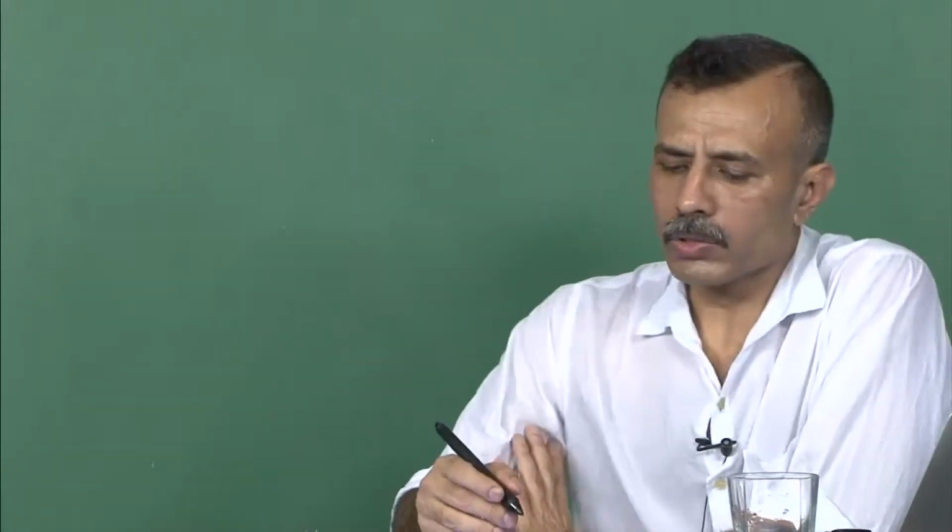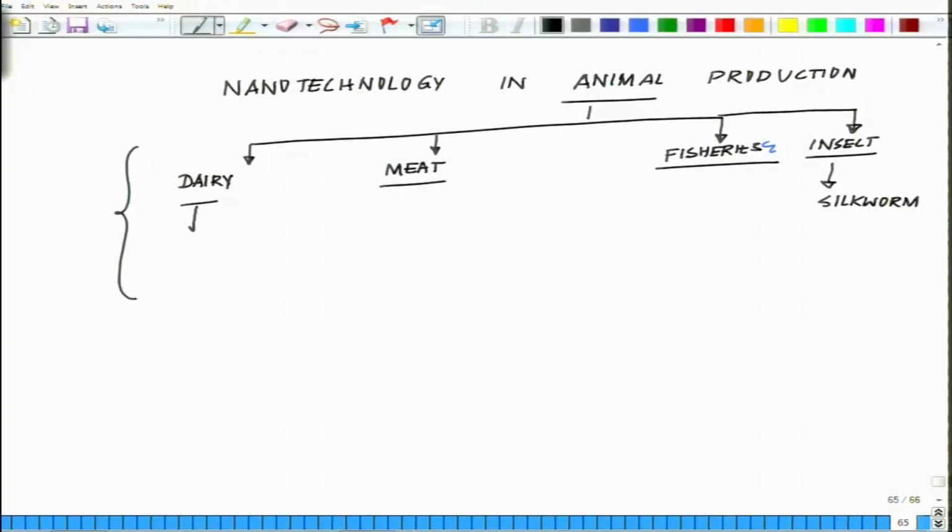So, when we talk about the dairy, we are talking about a series of cattle which include, in the Indian context, cow, buffalo, and on a slightly lesser side you can have yak, camel, goat, sheep, and likewise a series of them, but the major chunk is out here.